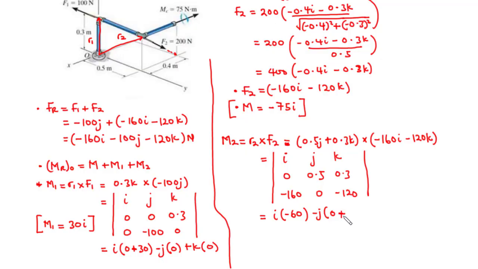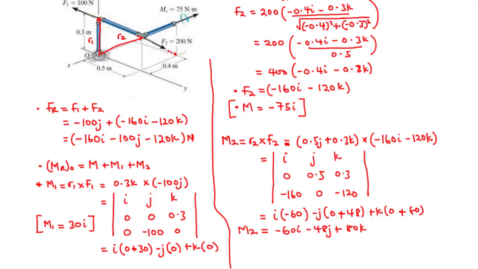So that becomes plus 48, and then plus k. We cancel out the row and column containing k. 0 times 0 is 0, minus negative 160 times 0.5 is negative 80. So it becomes plus 80. So this is equal to negative 60i minus 48j plus 80k. So that is for M2.